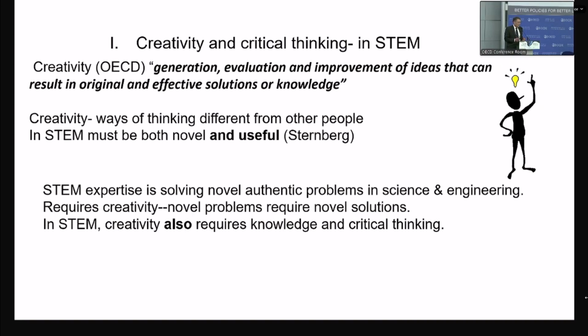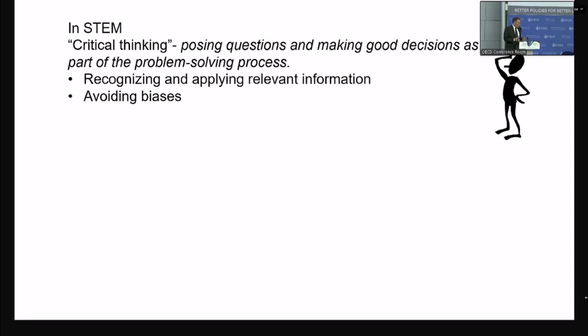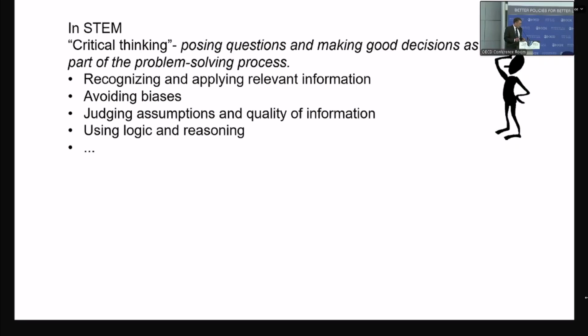And the reason I say that is really that in STEM, if you think about what critical thinking really is, it's asking questions and making good decisions as part of the problem-solving process. And so things like recognizing and applying relevant information, avoiding common biases, judging one's assumptions and quality of information you have, and using logic and reasoning to make these decisions.